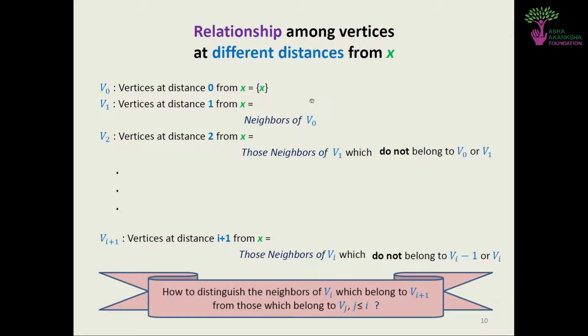So this is also pretty trivial. Then the vertices at distance 2, the v2 vertices, are those neighbors of v1 which do not belong to v0 or v1. That is something you might have observed, but if not, you can see now.